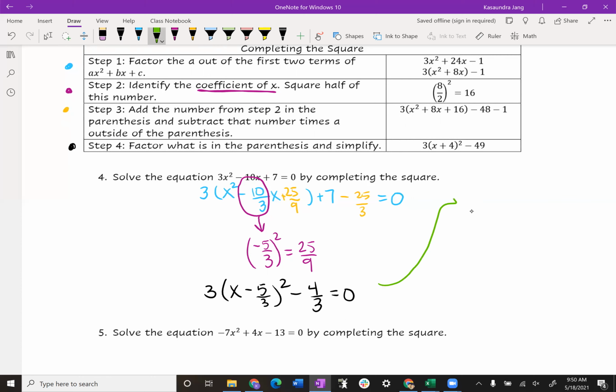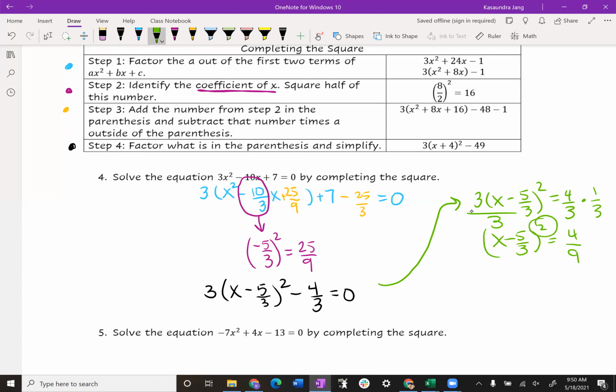Then I'm going to divide by this 3, since it is currently multiplied by that whole set of parentheses. Dividing by 3 is the same thing as taking a third of something, or multiplying by 1/3, either way. So I get 4/9 right here.